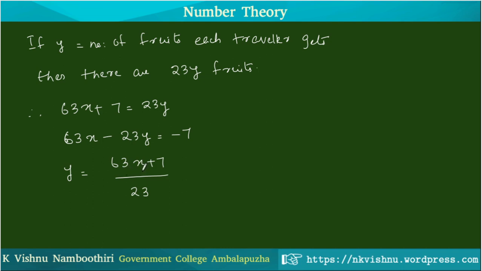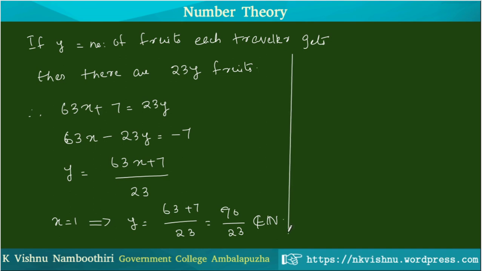If x is equal to 1, y is going to be equal to 63 plus 7 by 23, and this is equal to 70 by 23, but this is not a natural number. Therefore, we cannot accept this because we want the solution to be a natural number.